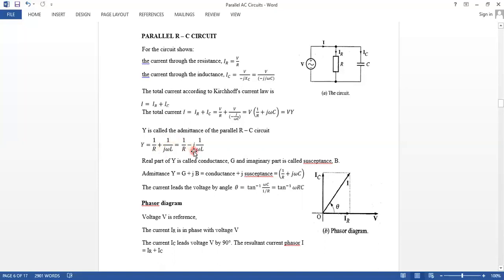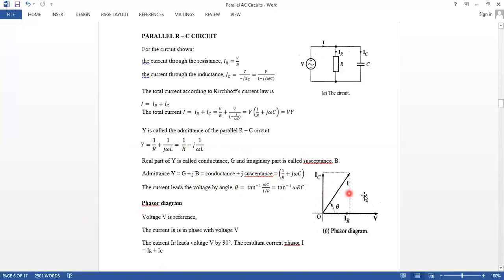We get minus J into 1 by omega L. So the real part of Y is again conductance, and the imaginary part of this Y is called susceptance. So admittance Y is given by 1 by R plus J omega C.